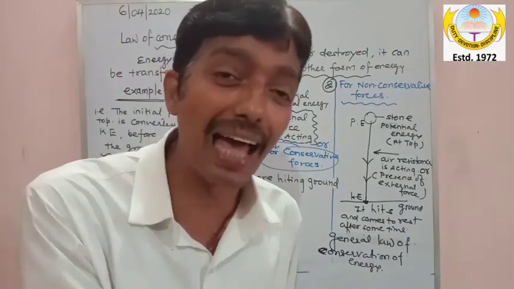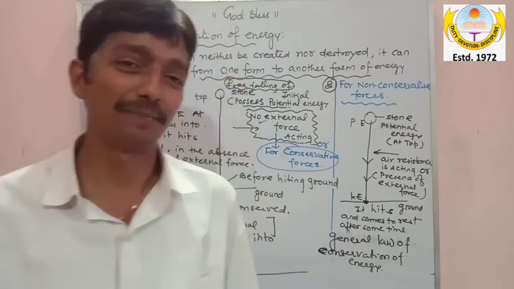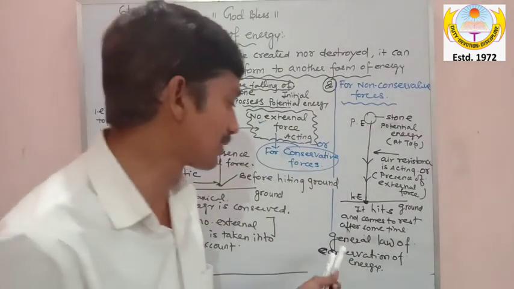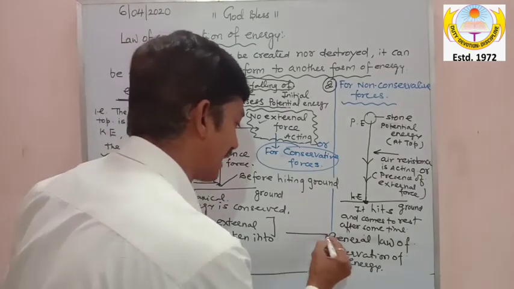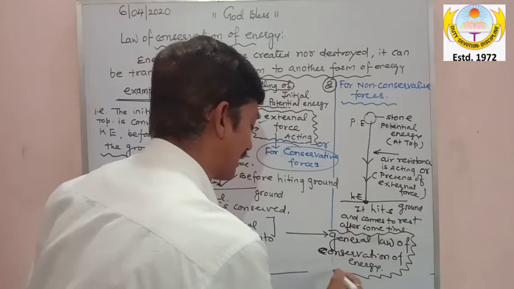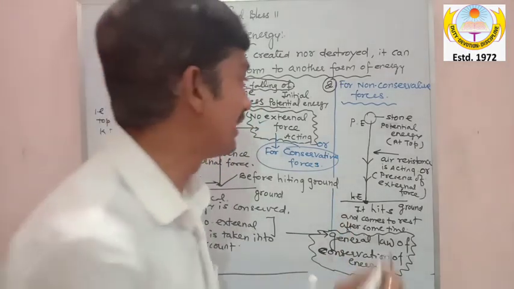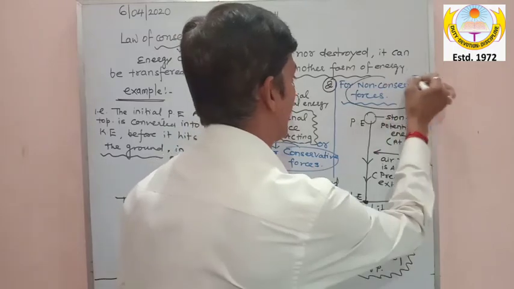But if you add that also, the total energy remains constant. So my dear, this is called the general law of conservation of energy. Please take care. General law of conservation of energy. So the general law of conservation of energy is for non-conservative forces.